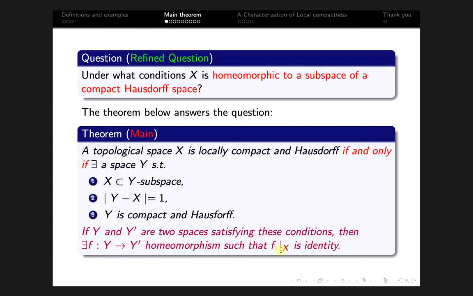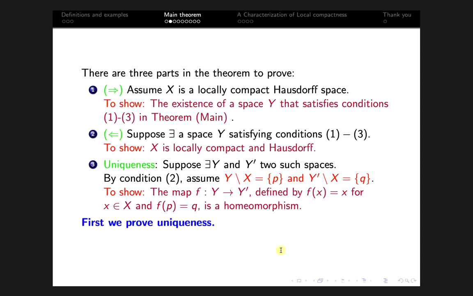So in this video we prove this theorem. There are three parts in the proof of the theorem. Firstly, the forward direction. Here our assumption is X is locally compact and Hausdorff.